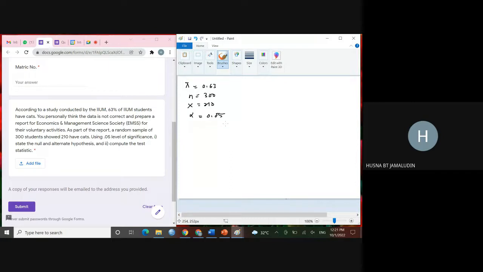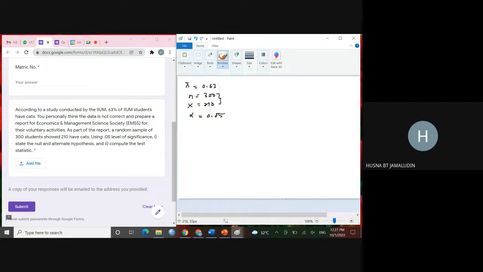Given this whole information, what formula should we use? Should we use goodness of fit? Should we use proportion? Proportion. Why? Because you are given x and n, and pi as well.